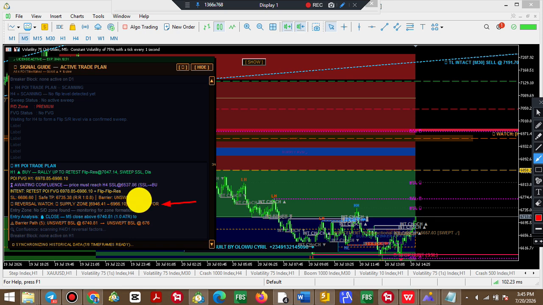Are you getting now? It's going to tell you, okay, when price comes to this zone, expect it to bounce up from this point. Then it's going to tell you some other liquidity awaiting, which you can use as your TP. It will also give you a safe TP level. That means when you take your entry at that point, make sure you exit at this safe TP for price to push to the upside.